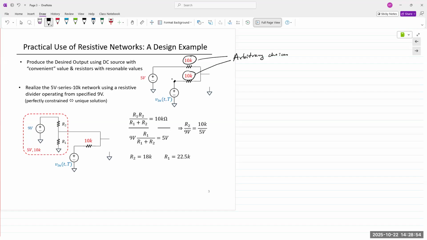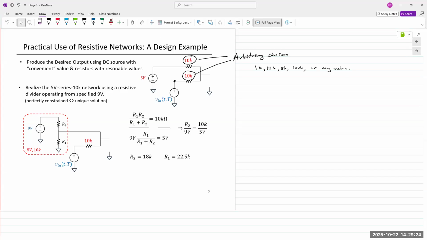It does not say design it for an output current of like 10 milliamps or 100 milliamps or whatever. So we could very well choose 1K, 10K, 5K, 100K, or any value for that matter. Okay. So we have V in of t, we have 10 kilo ohms.